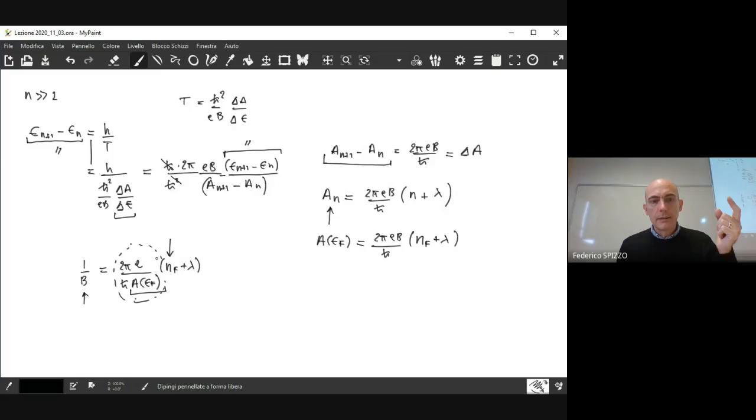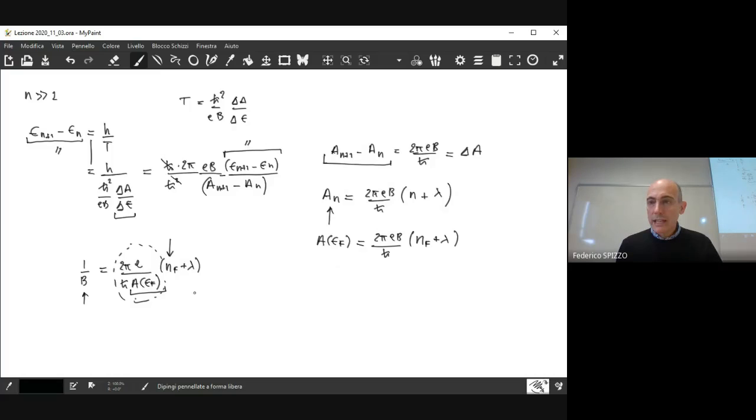So if you find that an integer value of NF corresponds to 1 over B, then you have the intersection. Otherwise, if this value of B corresponds to a value of NF that is not an integer, then you have no intersection.